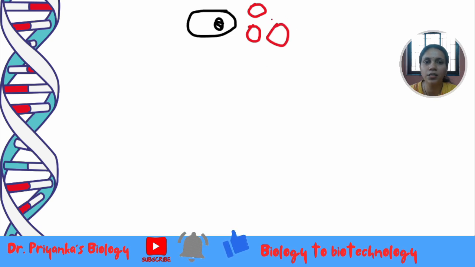Now these plasmids, during recombination, have undergone self-ligation. And then we have the plasmids which have undergone recombination. Now after transformation, there are three possibilities which can occur.